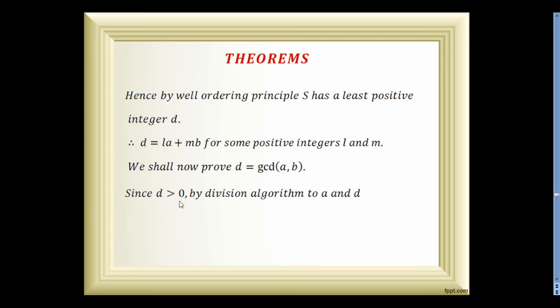Since d is greater than 0, by the division algorithm for a and d, we can find integers q and r such that a equals q d plus r, where r is the remainder, q is the quotient, and d is the divisor. Here r lies between 0 and d.